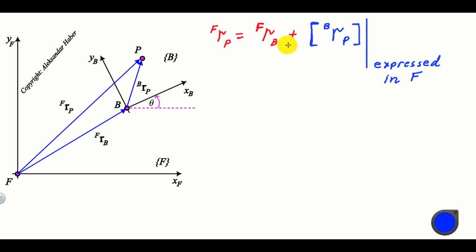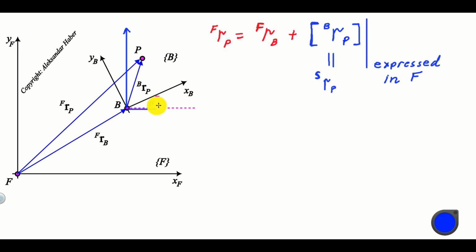Now, we have shown that this vector RPB expressed in F is actually equal to RP in the frame S, and this frame S is translated with respect to F. That is, the coordinate axes of S and F are parallel to each other. And let's sketch S over here.